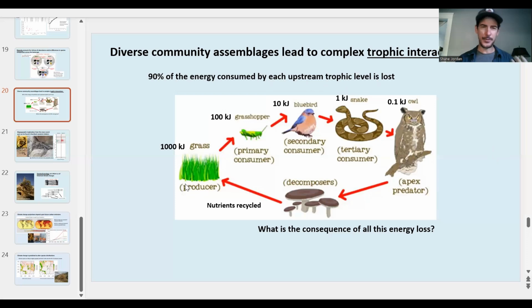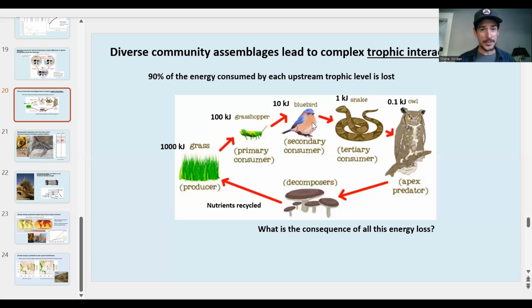Well, if this grass produces 1,000 kilojoules of energy, and this grasshopper consumes this grass, even though it might take in 1,000 kilojoules of energy from the grass, it's only able to use 100 of those kilojoules to undergo its normal physiological function. The other 900 kilojoules of energy are simply lost to the environment, either as ambient heat or as energy that simply can't be used. This is interesting. So 90% of the energy that this grasshopper consumed from the grass is being lost.